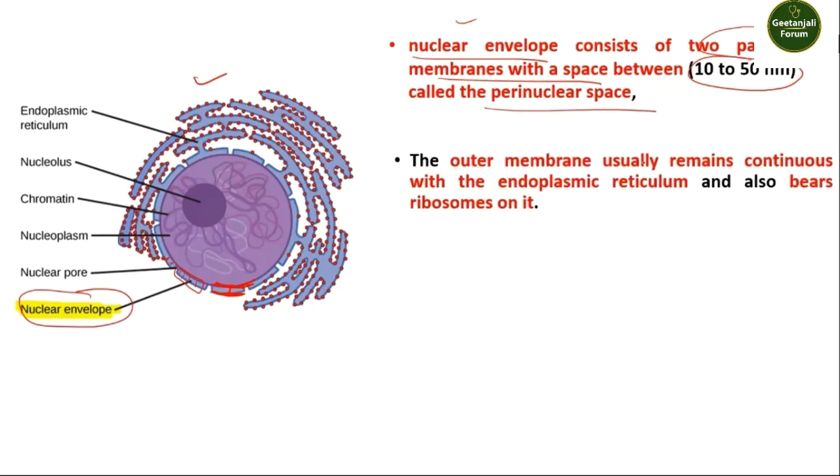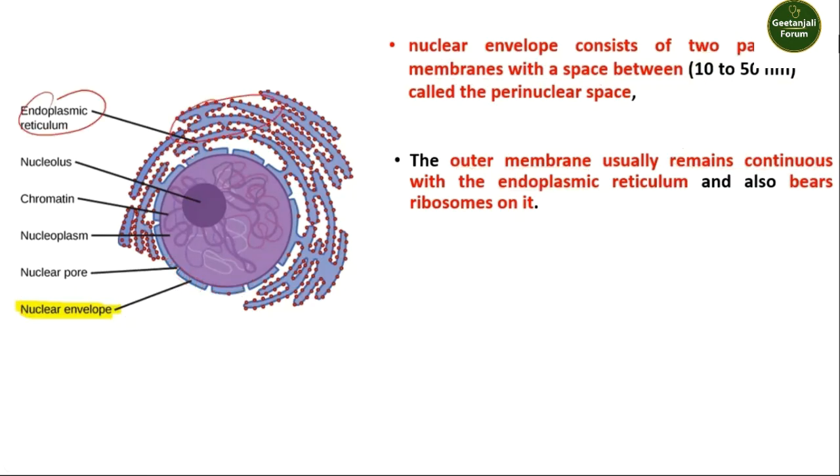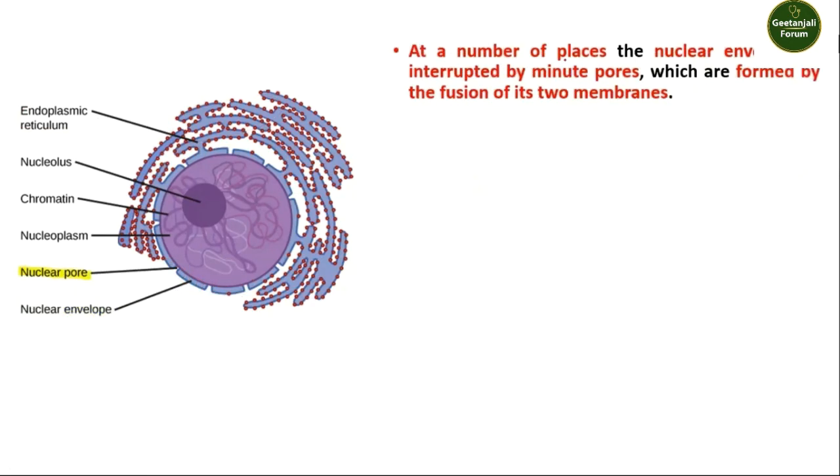The outer membrane usually remains continuous with the endoplasmic reticulum. You can see here, this endoplasmic reticulum is fused with the nucleus. At a number of places, the nuclear envelope is interrupted by minute pores. You can see here, these are nuclear pores. At a nuclear pore, both the membranes are fused.